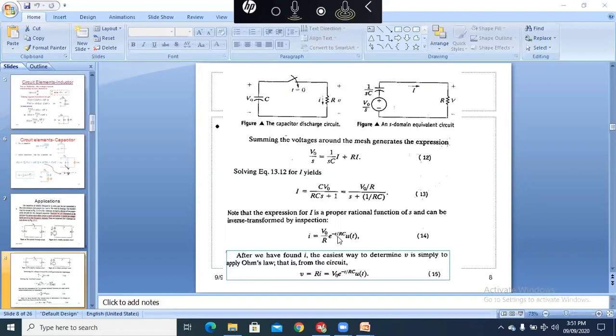So we substitute A equal to 1 by RC, and that is e to the minus t by RC U of t.